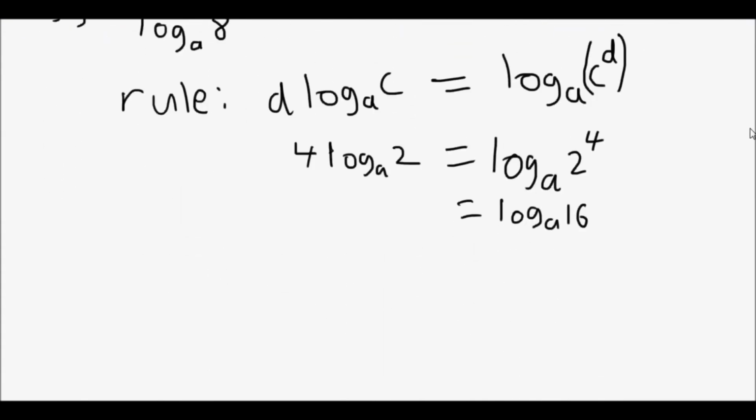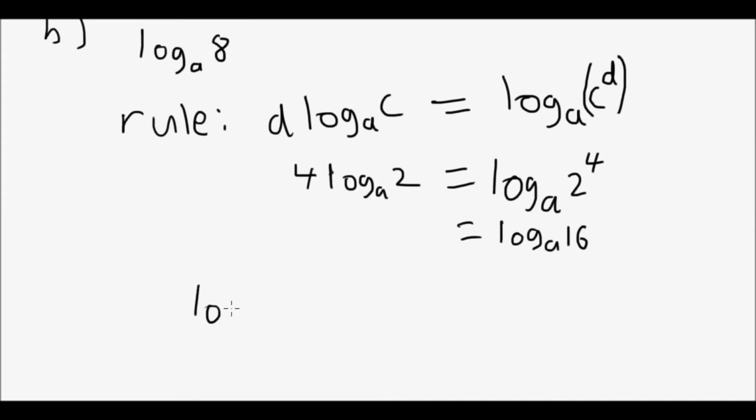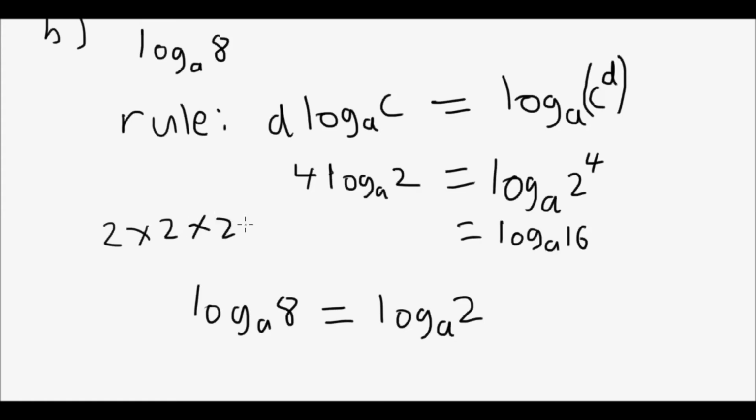So log A8 is going to equal log A2 to some power. And we know that 2 times 2 times 2 is equal to 8. So therefore, 3 is the exponent that we're going to put, because 2 to the 3 is 8.